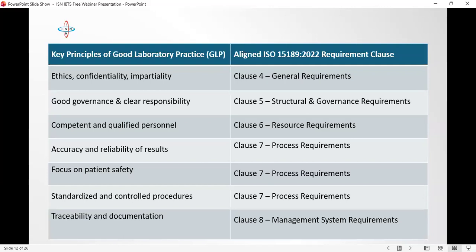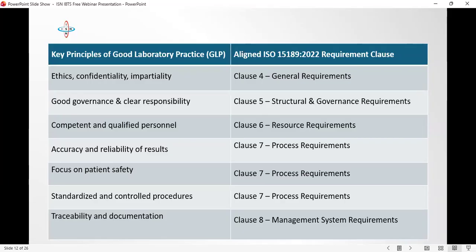And for the ISO 15189, it focuses mainly on the processes to achieve your patient safety. Clause 8 says management system, traceability, documentation. If you produce a test result and it is not written down anywhere, you cannot trace it.